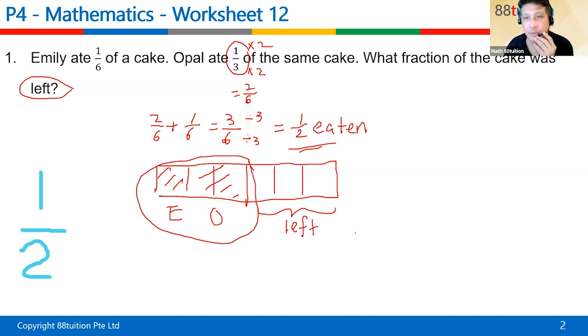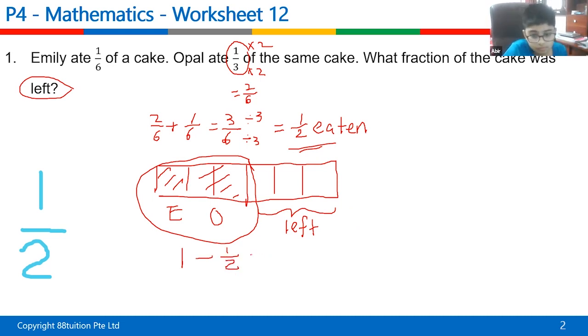So Abia, what do you need to do? You can't just tell me it's 3 out of 6. You must continue to say you take 1 whole and minus the half. You need this extra equation, 1 whole minus the half, and that will get us what? What is 1 whole minus half? 1/2.